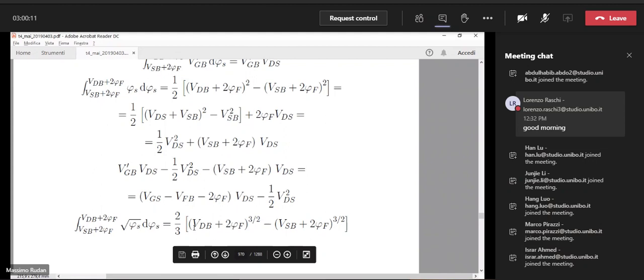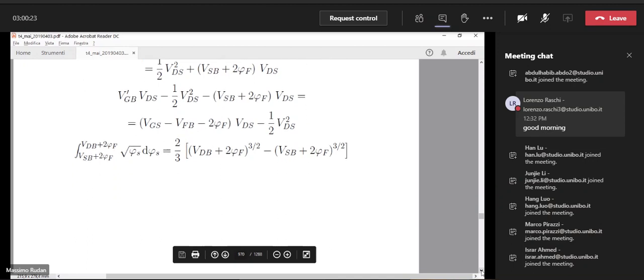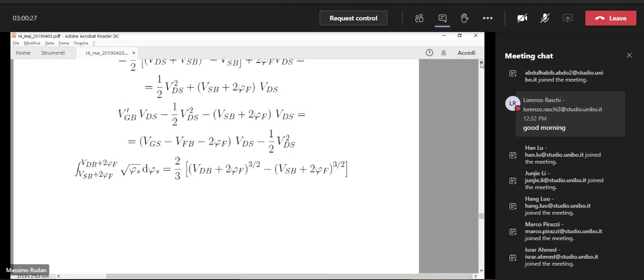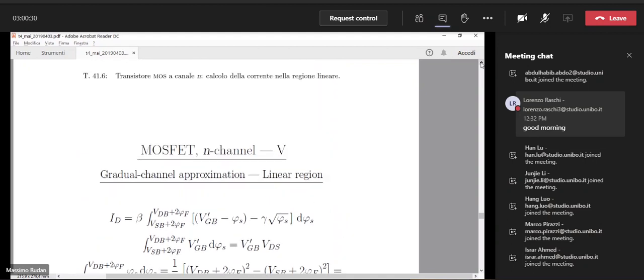So we keep the general expression of the current. How can we imagine the form of the small signal circuit of the MOS transistor? Well, we have ID, one current, that depends on 3 voltages.